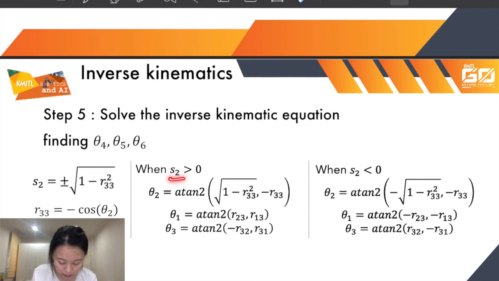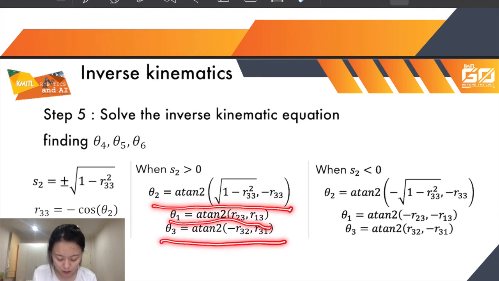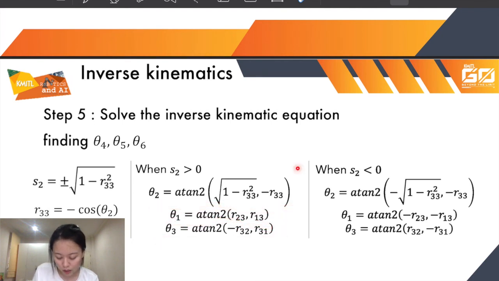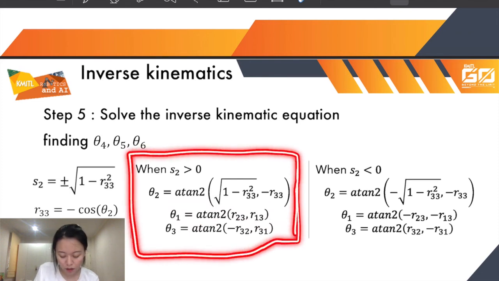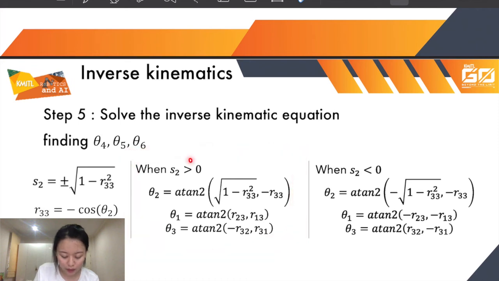For this case, if sine theta 2 is more than 0, theta 2 can be found by this equation, theta 1 can be found by this equation, and theta 3. This method is a very easy and quick method, but we have to be aware of S2.